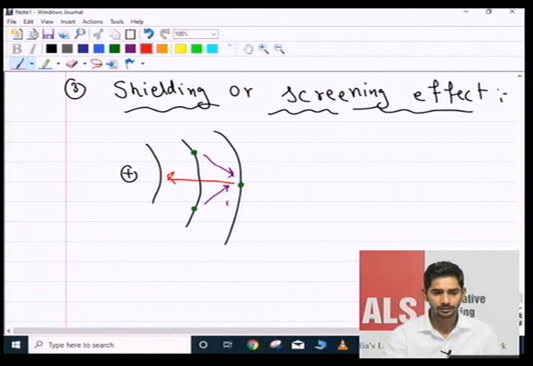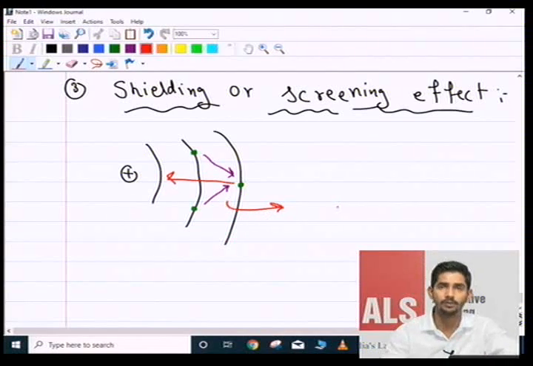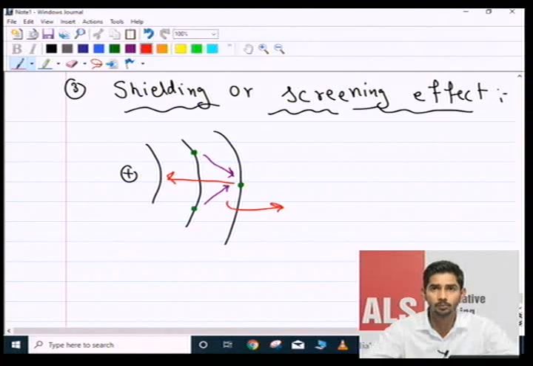So guys, this force of repulsion, or we can say the shielding by the inner electrons, is known as what? Shielding or the screening effect. After feeling the force of repulsion by the inner electrons, the net force experienced by the outermost electron is known as the net nuclear force.